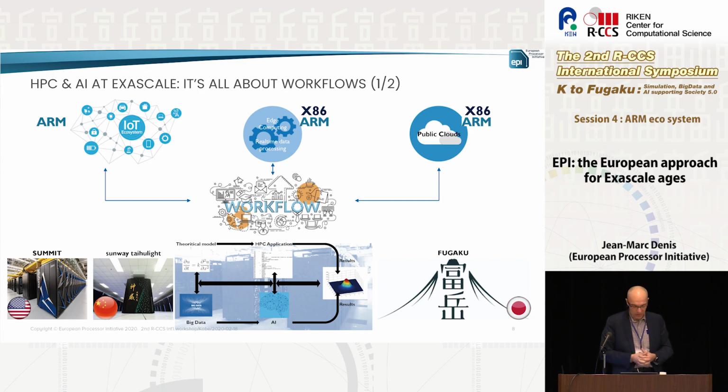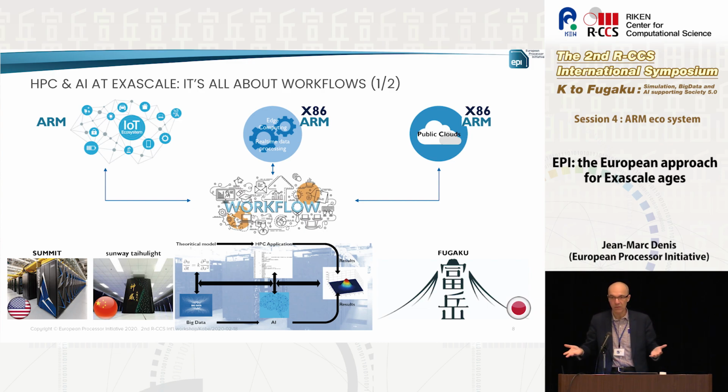By the way, before moving forward, we can consider that what we observe in the US, in China, and also in Japan is a very good example of this model, and this is a very classical model. At the bottom, the machines are very monolithic. At the upper level, all nodes are equivalent and similar.